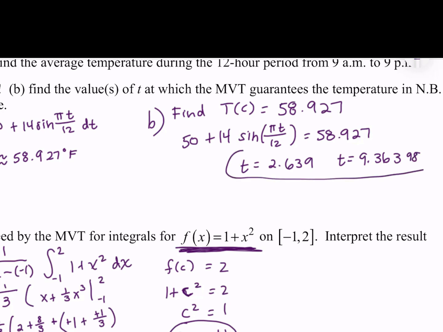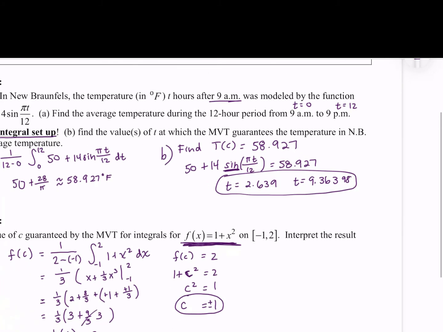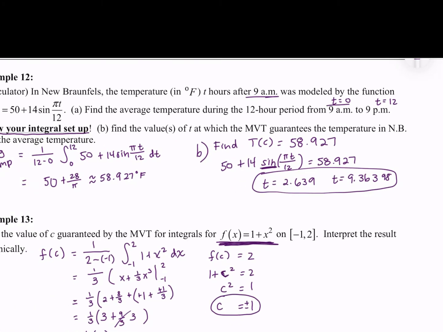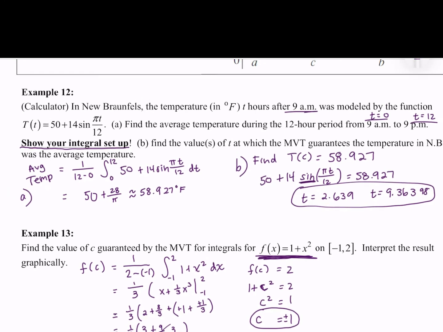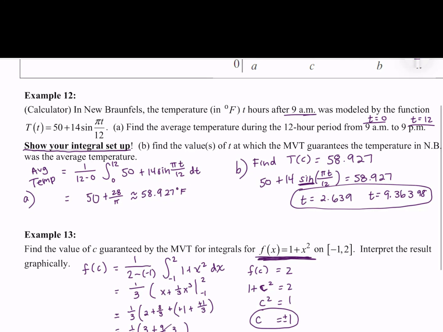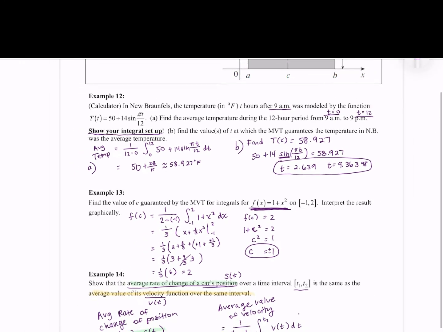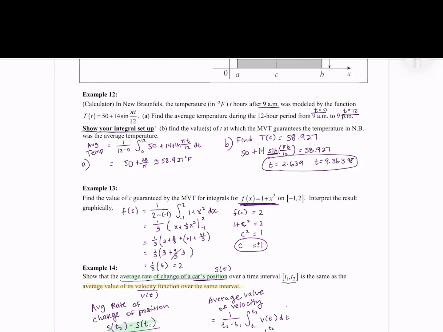It would actually give us a lot of answers since this is a sinusoidal, and so there's infinite solutions, but we only need the ones between 0 and 12. And those two are it. Okay, so this is a really good application of the mean value theorem for integrals, but for all of these, you should understand how to set up the integrals to find the average value.